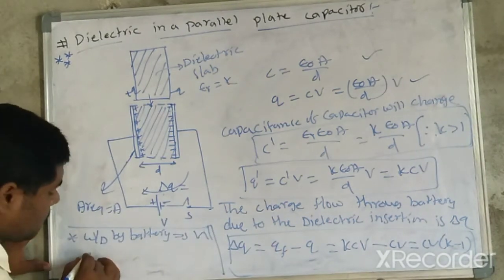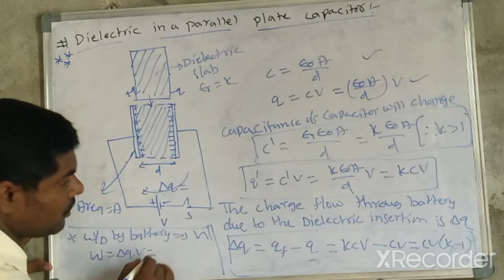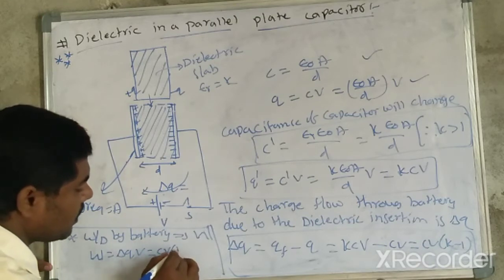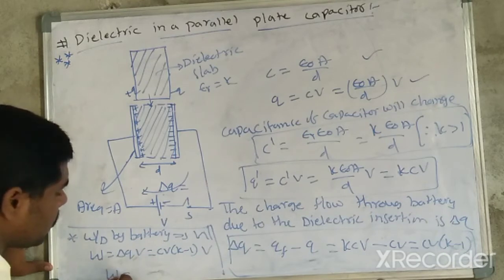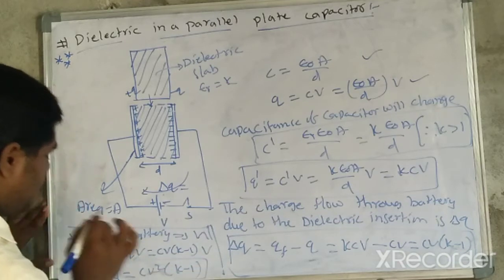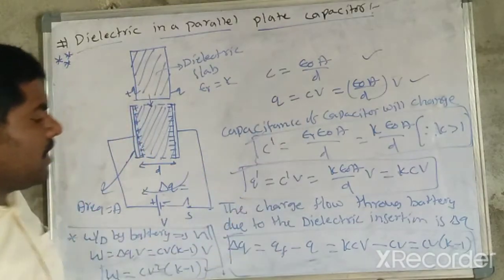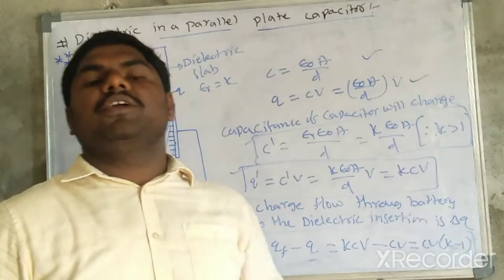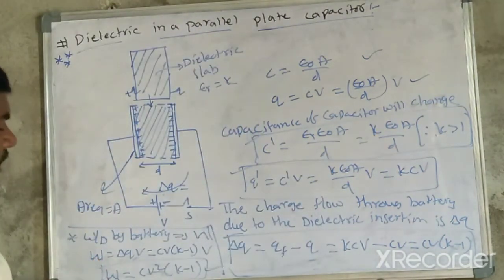So we already discussed: delta Q into potential, delta Q being CV into K minus 1, into V. So here W, the work done by the battery, is equal to CV square into K minus 1. While doing numericals, this formula and these four formulas are very, very important. Please remember, the work done by the battery is CV square into K minus 1.